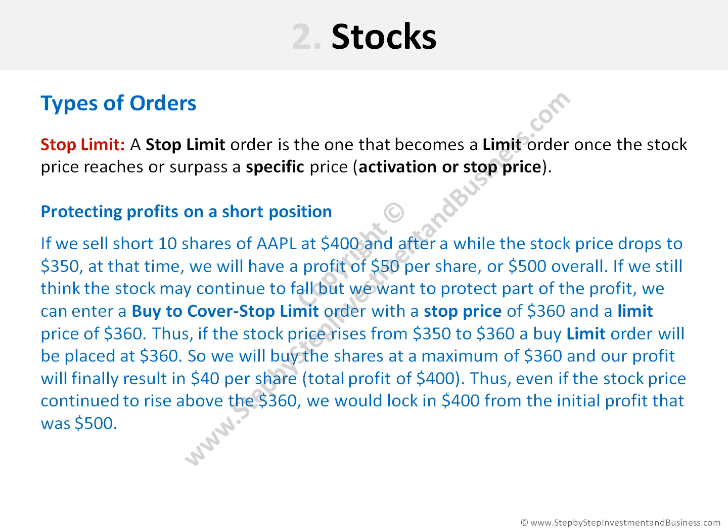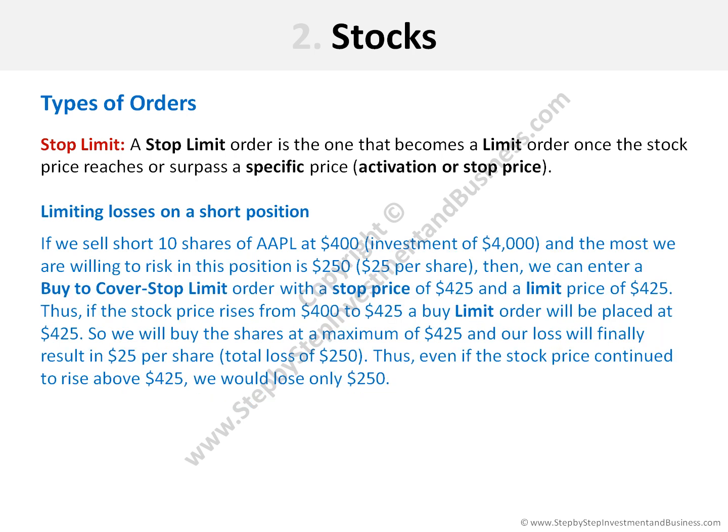So we will buy the shares at a maximum of $360, and our profit will finally result in $40 per share. That is, a total profit of $400. Thus, even if the stock price continued to rise above $360, we would lock in $400 from the initial profit that was $500.